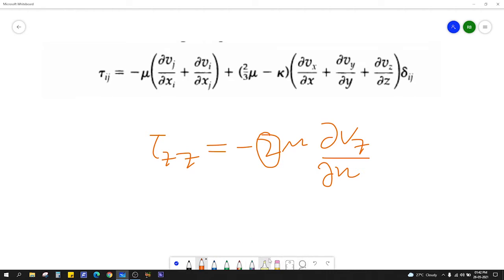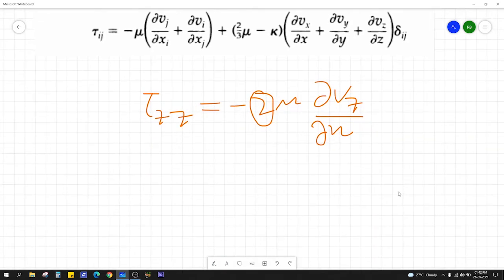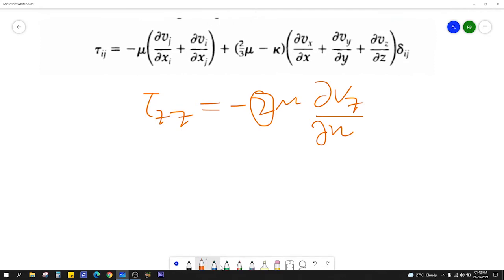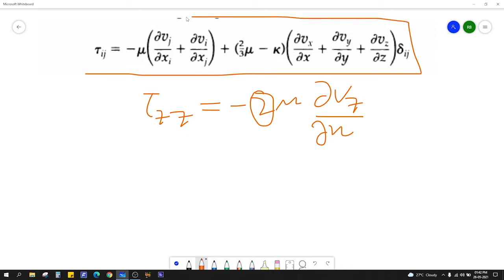Okay, so you have to use this formula. This we already discussed in the previous lecture, prior to the falling film problem. Whenever you want to calculate shear stress, you have to follow this formula.